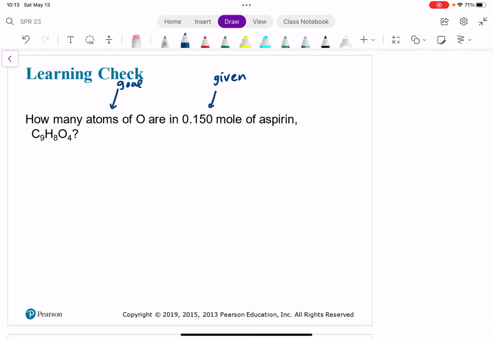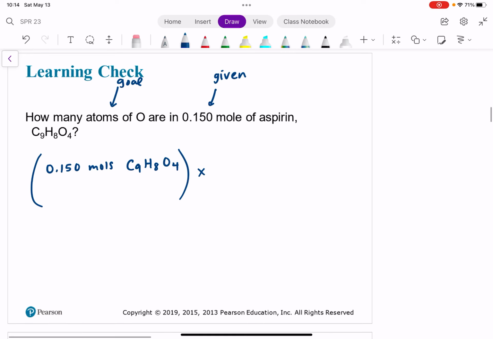All right, so just as usual, let's break this down into steps. So we'll start with what we're given: moles of C9H8O4. All right. So I want to get from moles of aspirin to atoms of oxygen. So one of the things I need to know is how many moles of oxygen are in a mole of aspirin. So let's see.